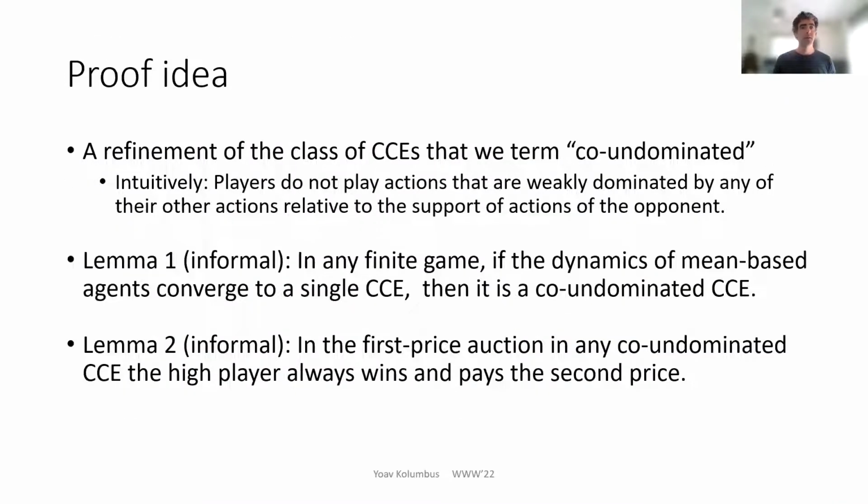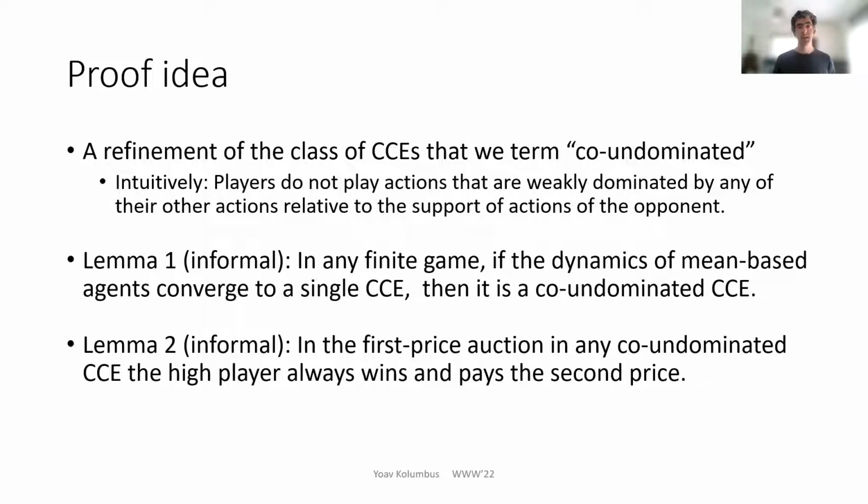So the idea of the proof at a very high level is that first we define a refinement of the class of coarse equilibria that we call Cohen-dominated. In these equilibria, players do not play actions that are weakly dominated by any of their other actions, but only relative to the support of the actions of the opponent. Then we have a lemma that says that in any finite game, if the dynamics of mean-based agents converge to a single coarse equilibrium, then it must be Cohen-dominated.